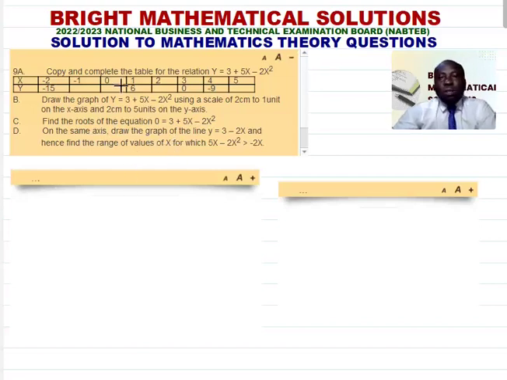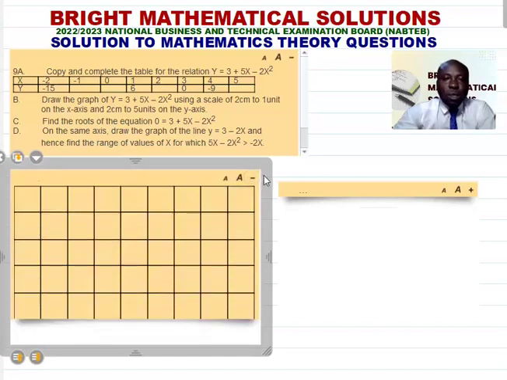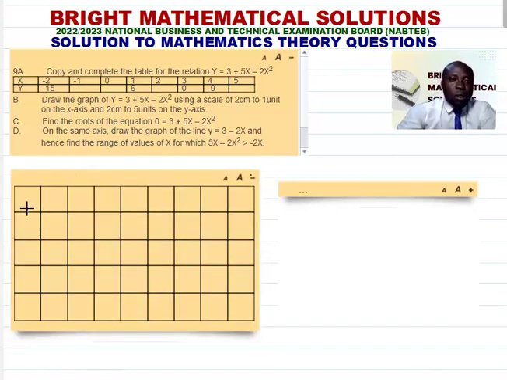So now let us start. I'm going to take this question as a whole. I'm going to treat them simultaneously. First and foremost, let us copy and complete the table that we were given. Now, this is a table.